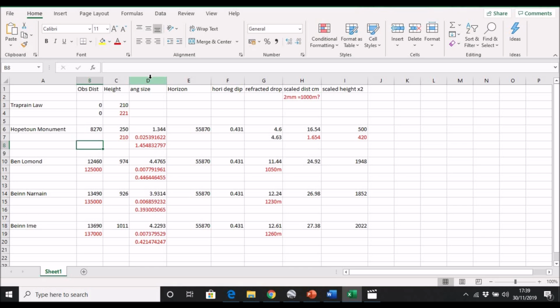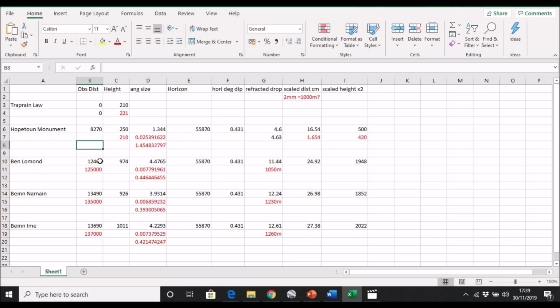He then calculates angular size. He gets an angular size which is incorrect for the Hopeton Monument. I'm assuming this is degrees. I've calculated in radians and in degrees. He's probably wrong because of using a 250 here instead of 210. This is relatively close in terms of degrees.